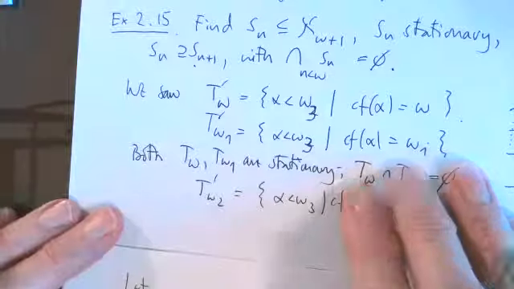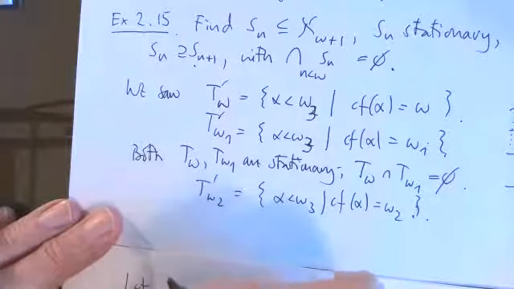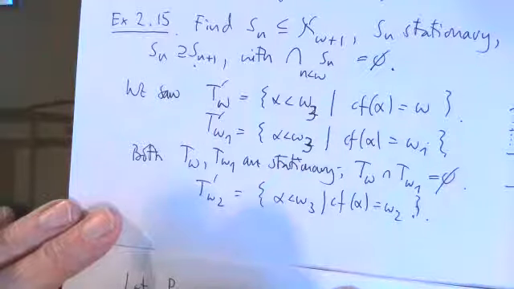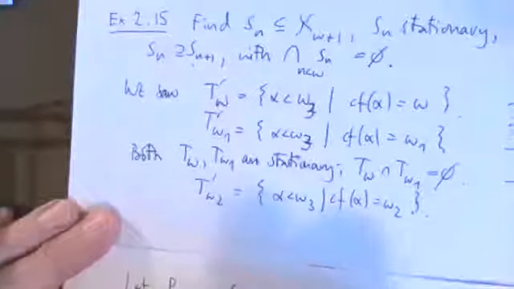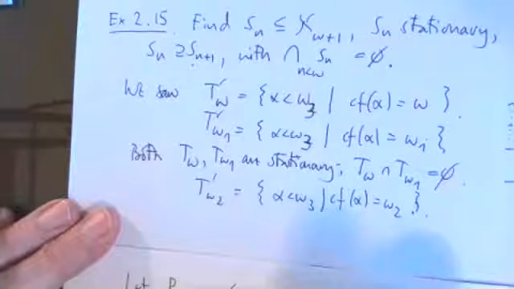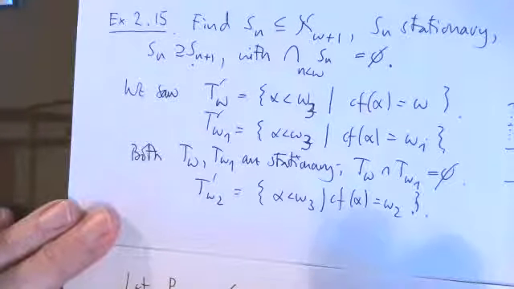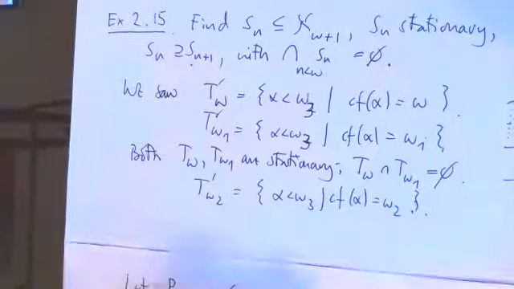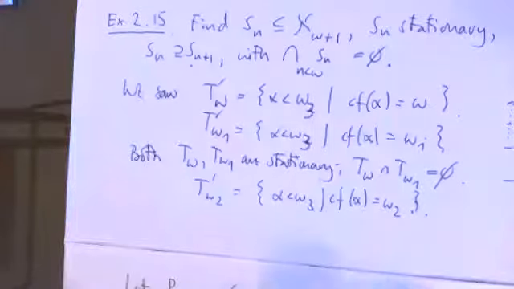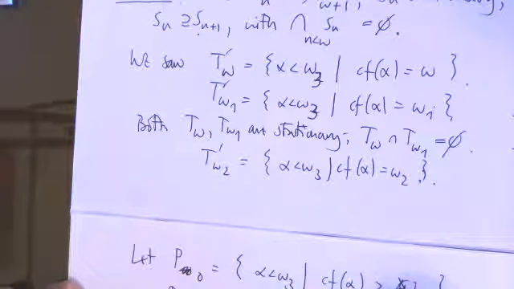So let, running out of letters, P. Let P0 be the collection less than omega 3, where the cofinality of alpha is greater than or equal to omega 0. And P1, cofinality of alpha is greater than or equal to omega 1. And P2, cofinality of alpha is greater than or equal to omega 2.